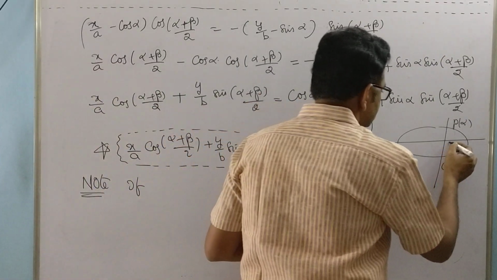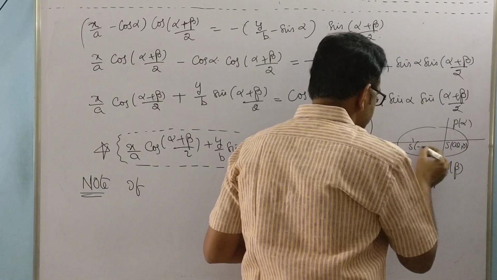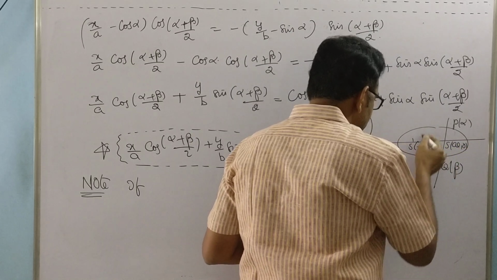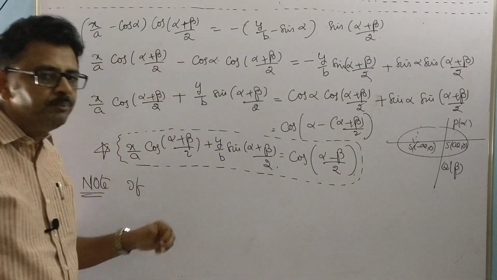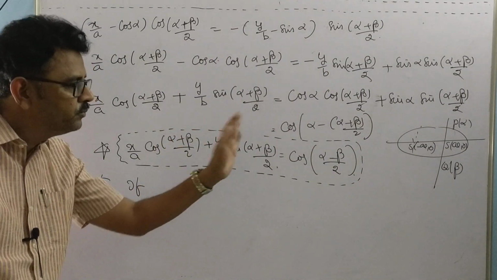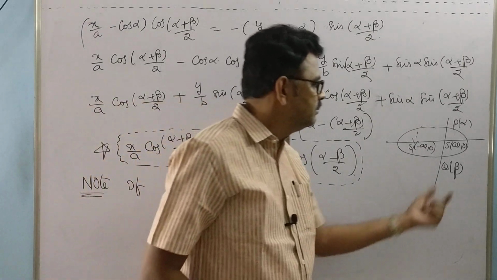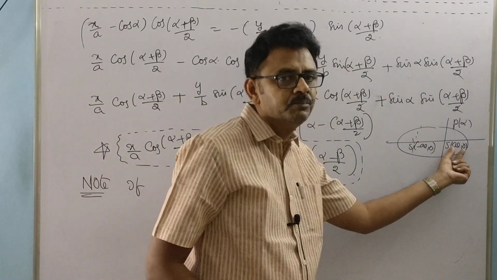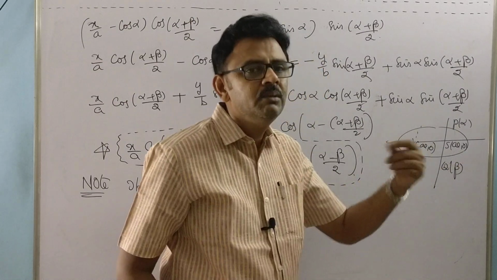What is the focus? It is (AE, 0) or S dash (minus AE, 0). This is also a chord. If the chord is a focal chord, it passes through the focus. Okay, there are two foci, (AE, 0) and (minus AE, 0), but we have to take this result, (AE, 0). If you take (minus AE, 0), you have another result.